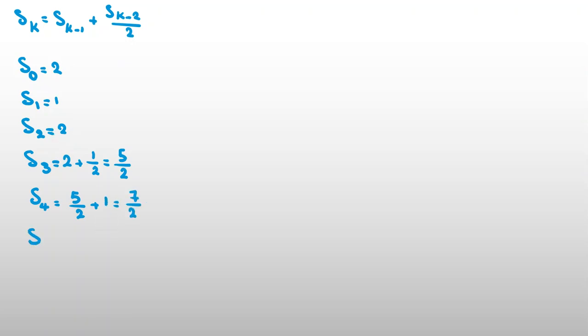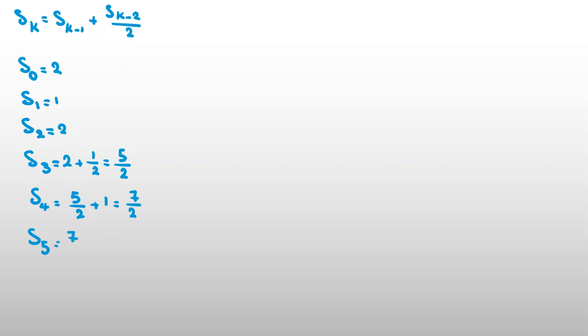S0 is 2, S1 is 1, S2 is 2, S3 is S2 plus 1 over 2, which will be 5 over 2. Next, S4 is 5 over 2 plus S2 over 2, which is 1, so it will be 7 over 2.